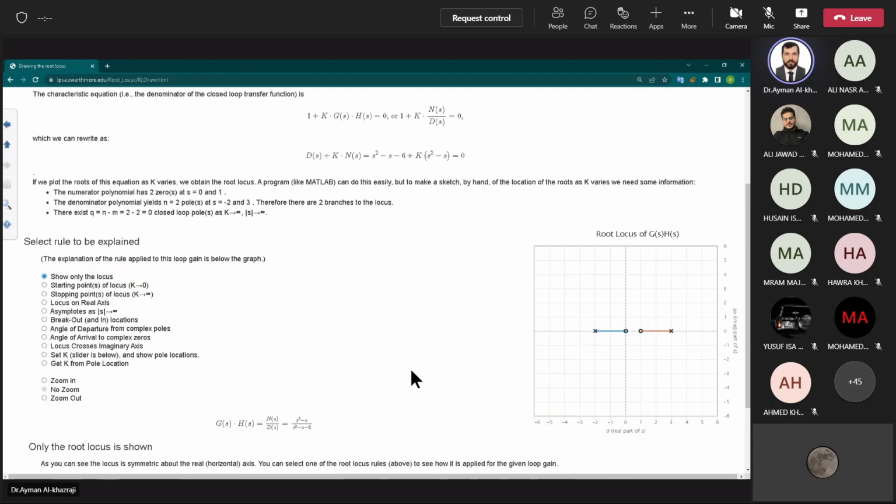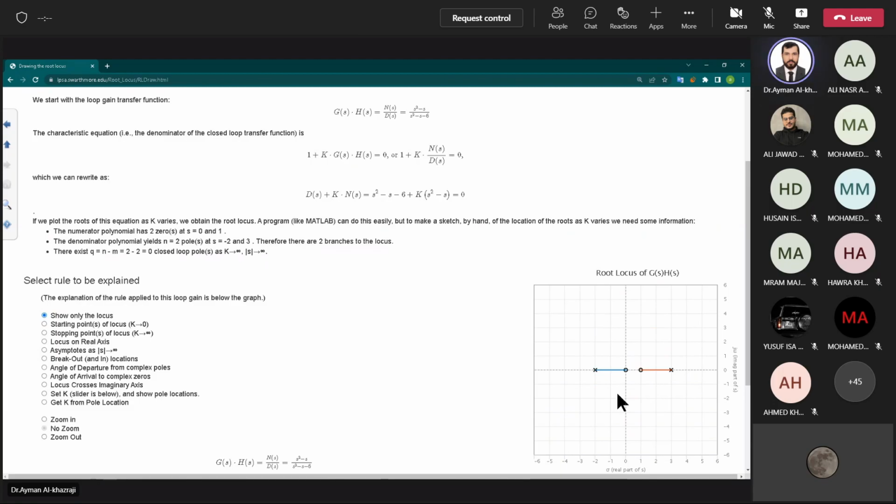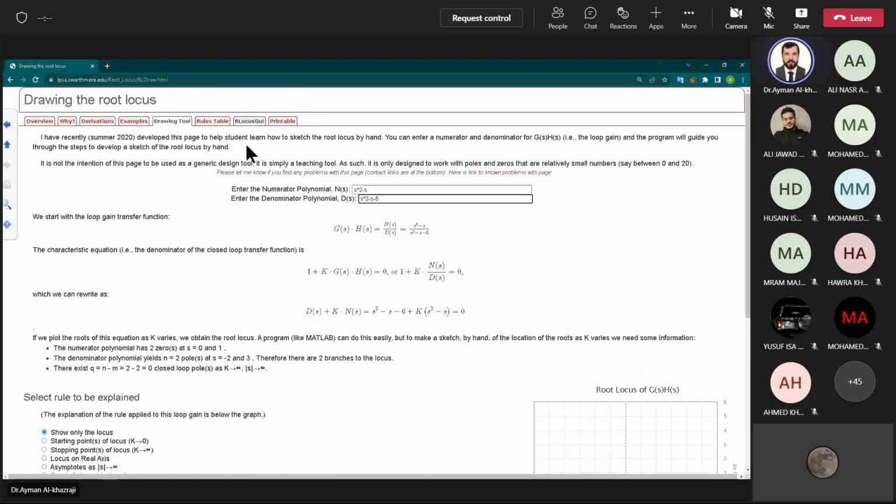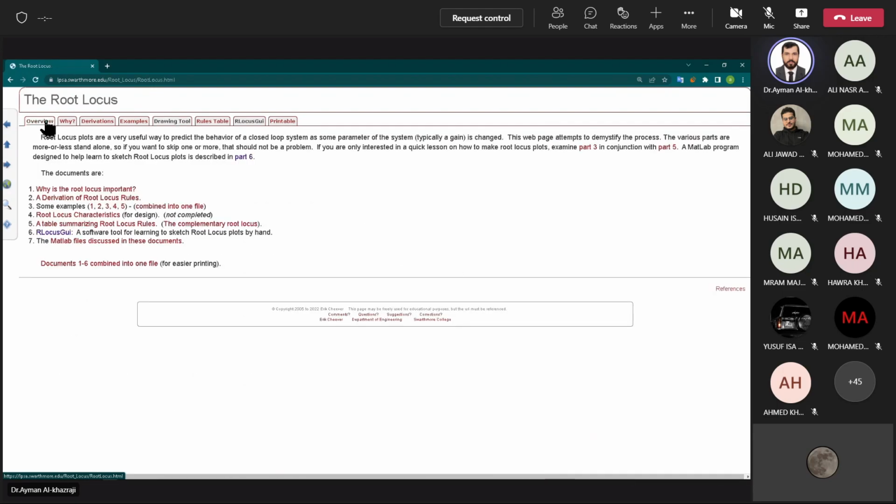So we are taking the open loop roots. Here there is some explanation. The root locus is a very useful method. It will show us the behavior of a closed loop.